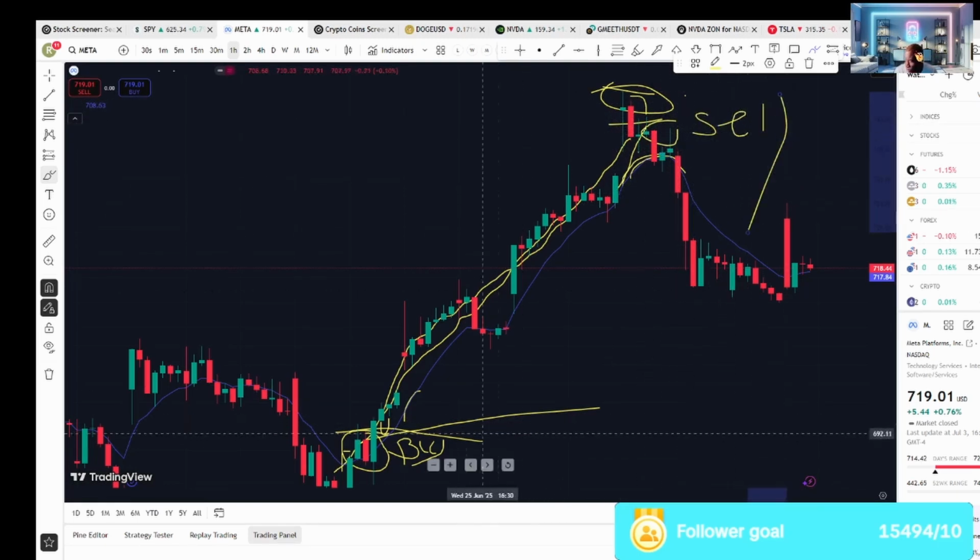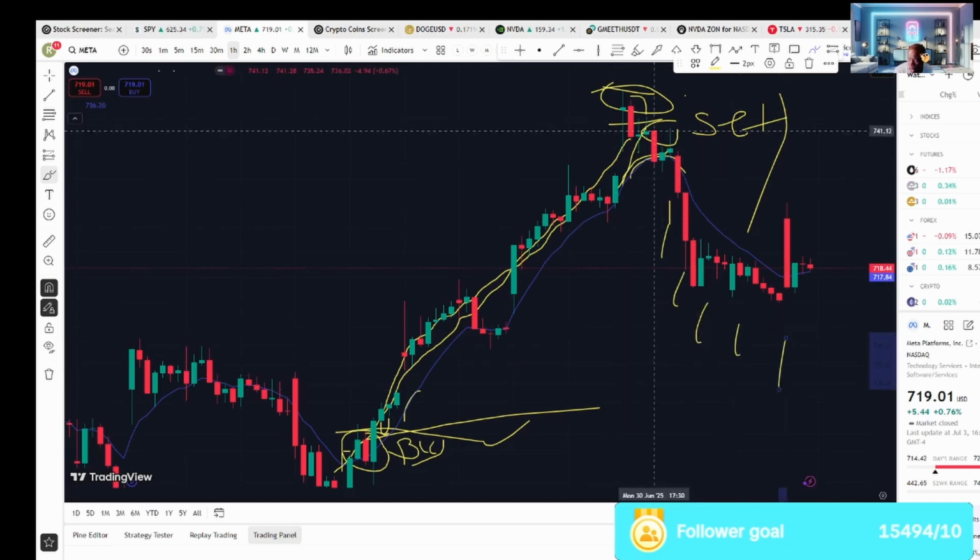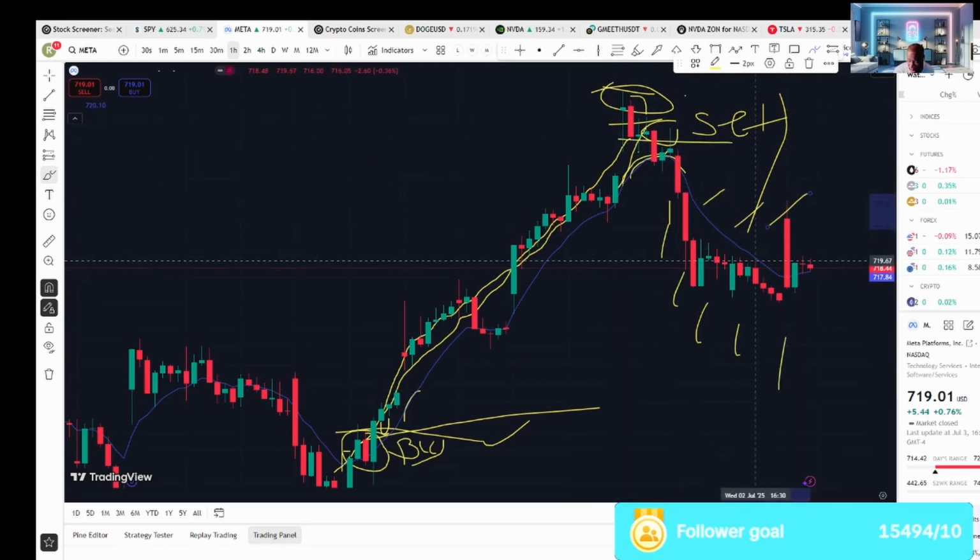You buy, you sell. Because what happened there? One of the main reasons you sell is because the moving average is now crossing above the price. The price now is below, and you sell out because the moving average is above. The moving average cannot be above the price. Whenever it's above, that's bearish.